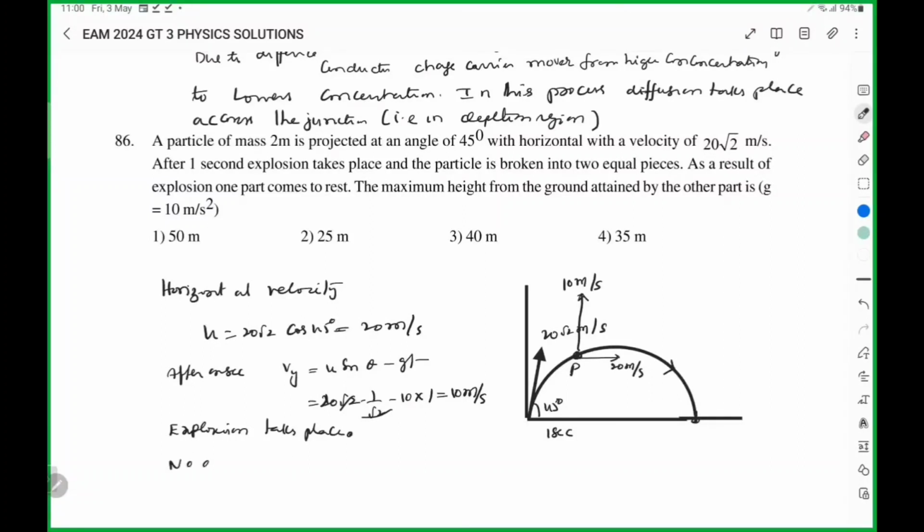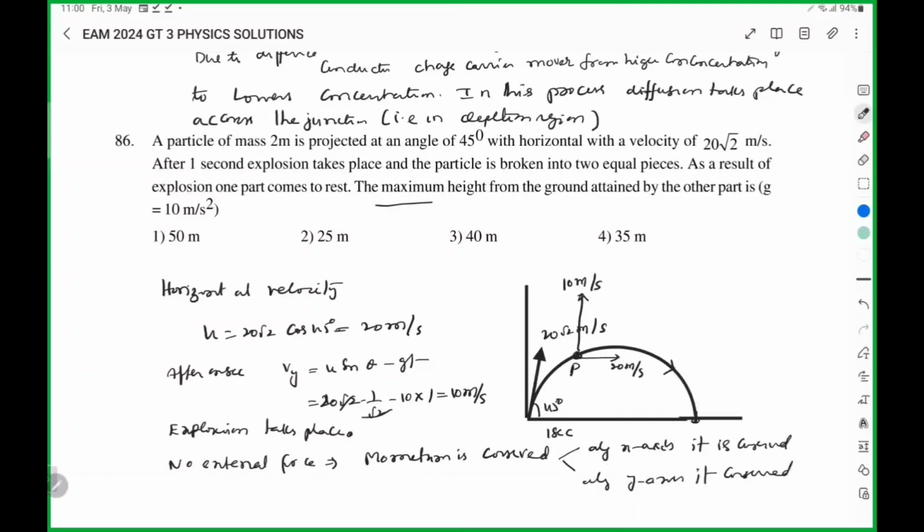No external force means momentum is conserved. Since it is two-dimensional, along the x-axis it is conserved as well as on the y-axis.